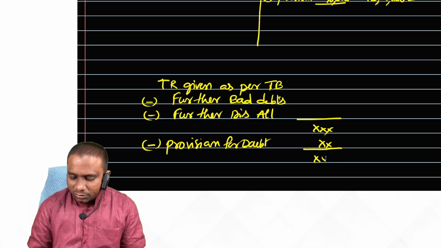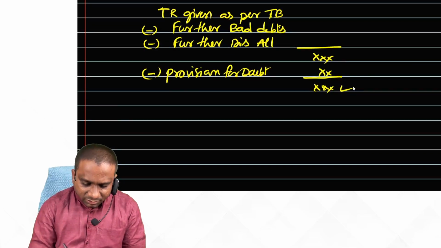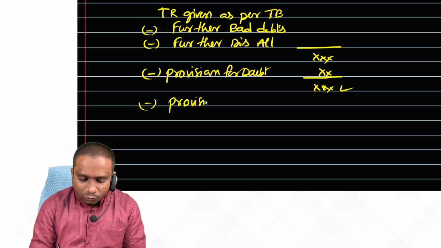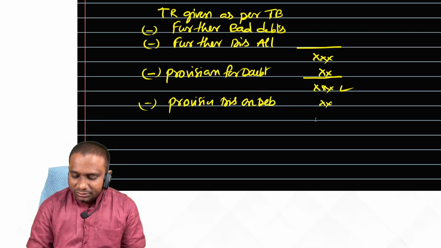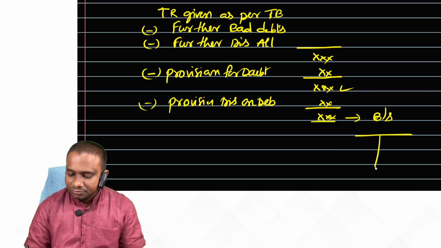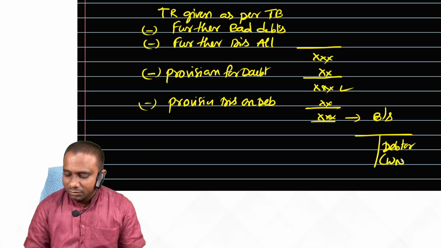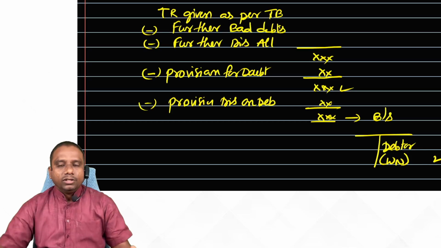We get some amount now. On this, you calculate provision for discount on debtors. Finally, whatever the amount you get, show it in the balance sheet by showing debtors in the bracket, simply working note over. Observe carefully.